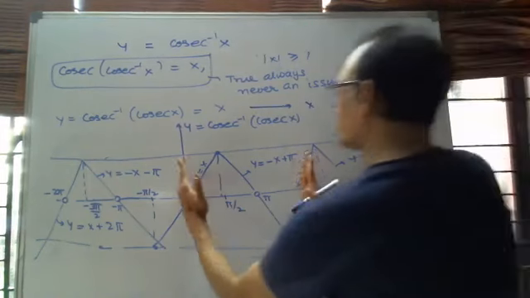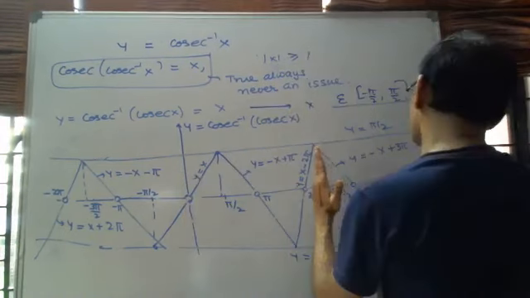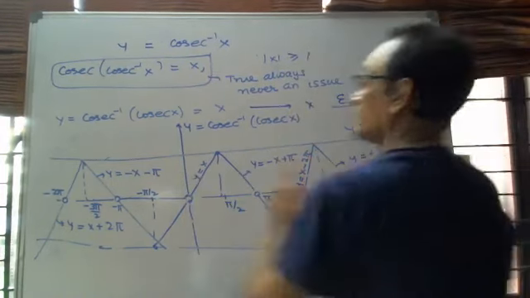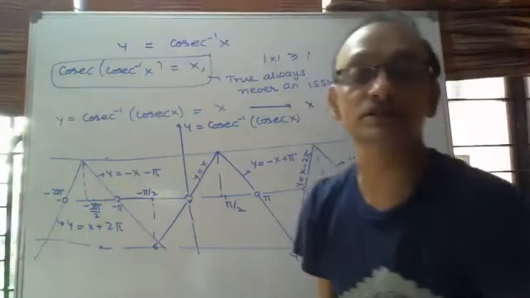Its periodicity is 2 pi. This is the complete representation: 0 to 2 pi, 2 pi to 4 pi, -2 pi to 0. The same graph you can copy paste.